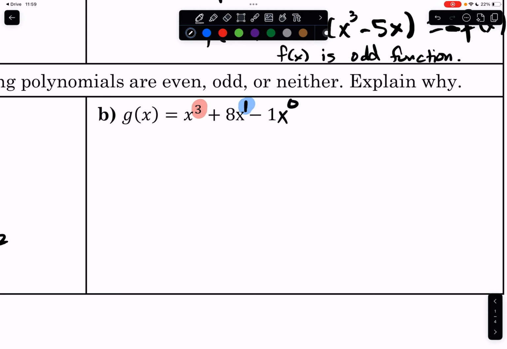The exponent here is 0. However, 0 is an even number, not odd. So because we have odd numbers and one even, this is going to be neither. Neither even nor odd.